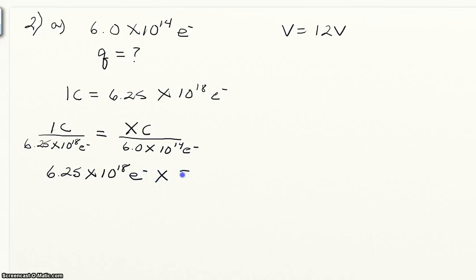And that's going to be equal to, and of course anything times 1 is 1, 6.0 times 10 to the 14th electrons. I'm going to put in parentheses so that we know we're multiplying it by 1 coulomb.